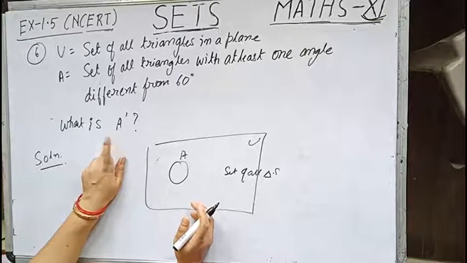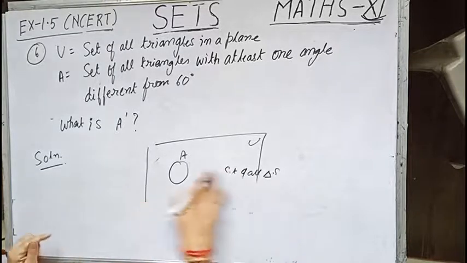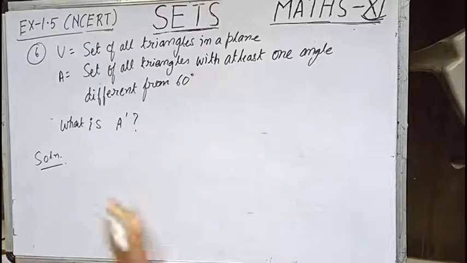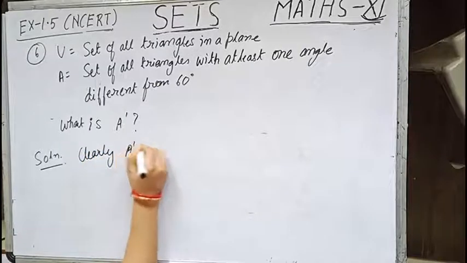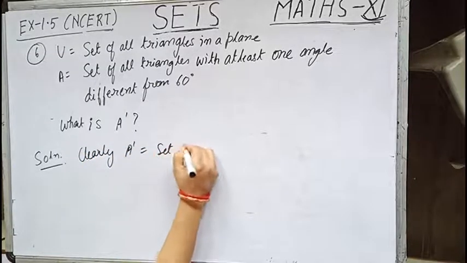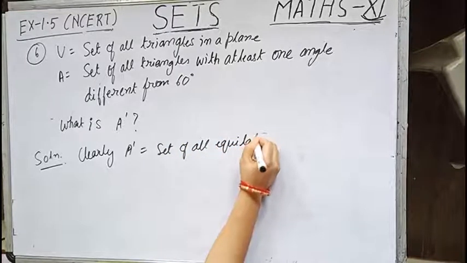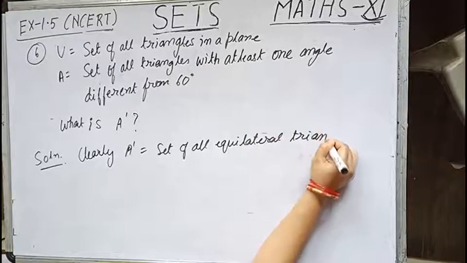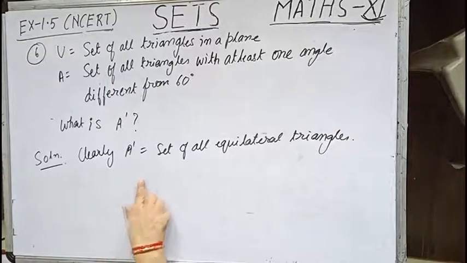So what is A complement? Obviously, children, A complement is the set of all equilateral triangles. Direct answer you can write: clearly, A complement equals the set of all equilateral triangles.